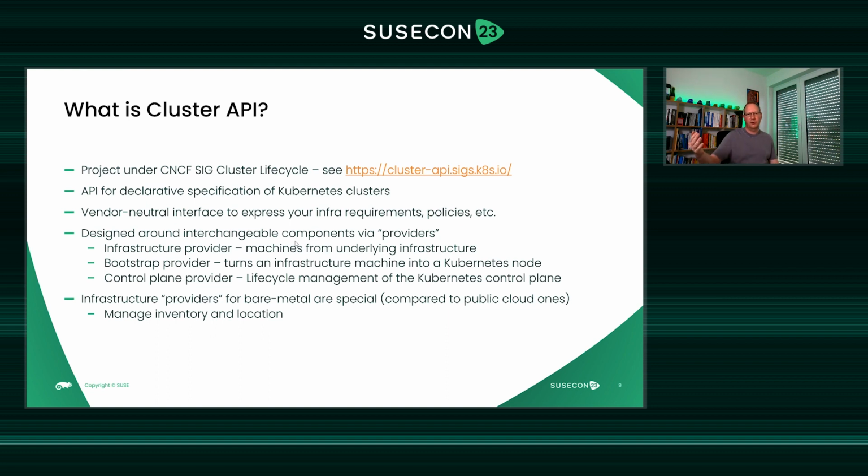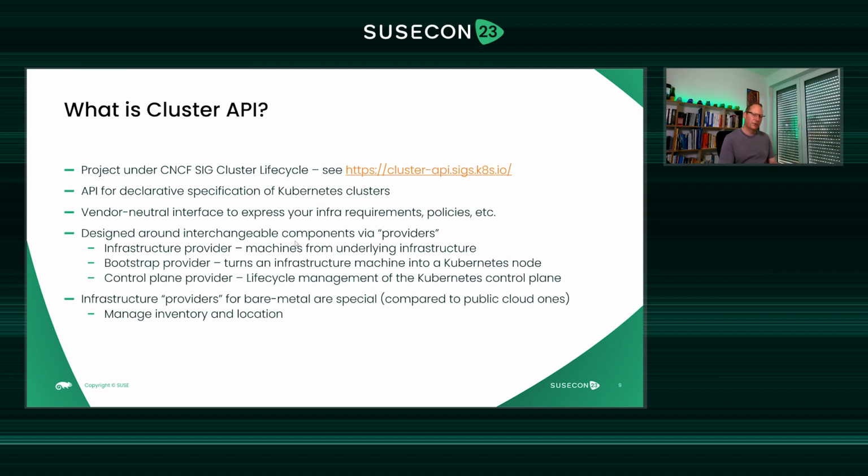Like if you're, for example, running in public cloud, it will create the cloud instances for you and then hand them over to the Bootstrap provider so that it can then turn an infrastructure machine into a Kubernetes node that it can add to your cluster, or bootstrap a cluster onto a node if the cluster doesn't exist yet. And then the control plane provider is kind of the day two brother of the Bootstrap provider, because it represents the Kubernetes cluster control plane in day one and day two scenarios after the initial bootstrap.